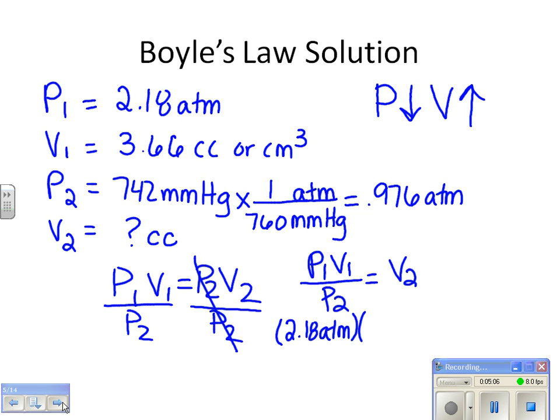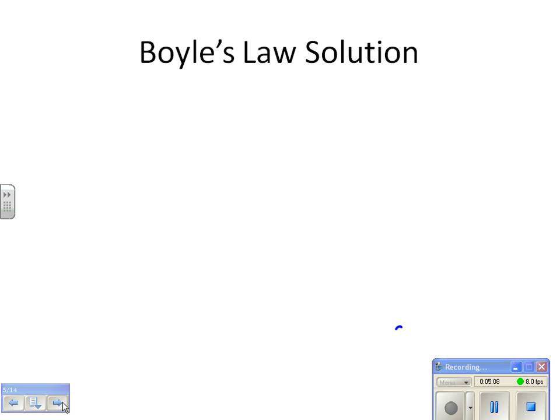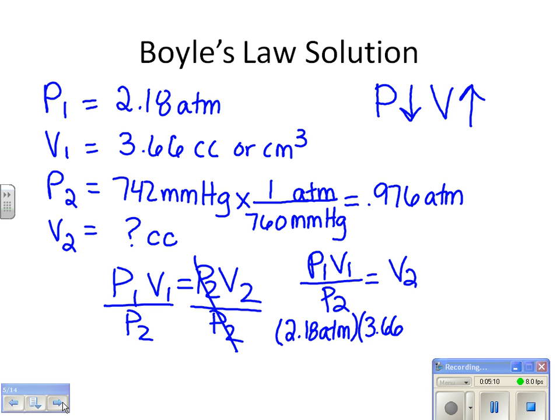V1 is 3.66 cubic centimeters. P2 is 0.976 atmospheres. And that will be our value for V2.